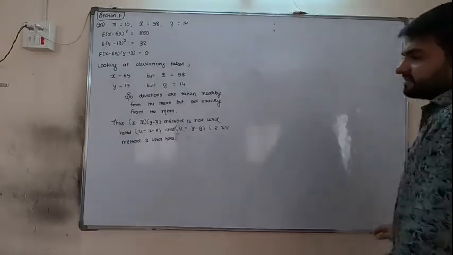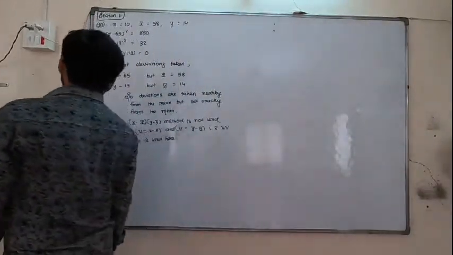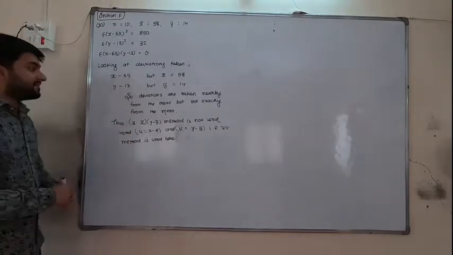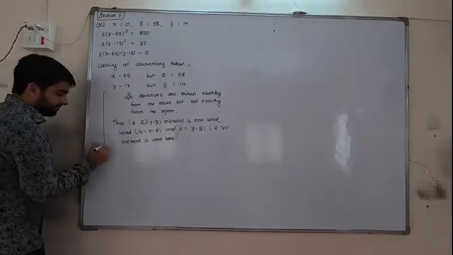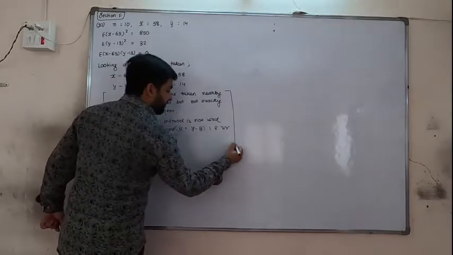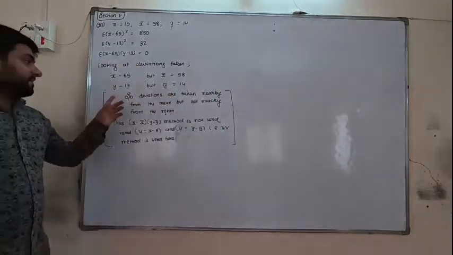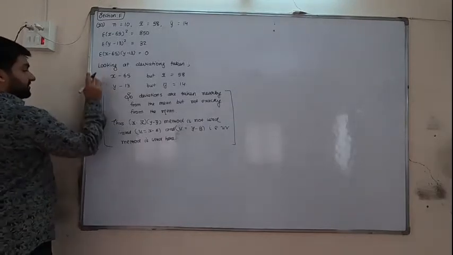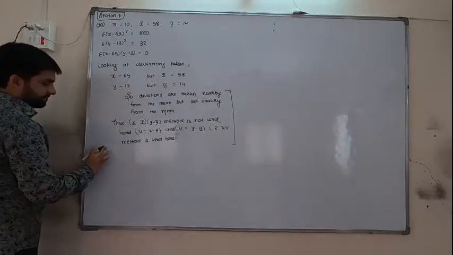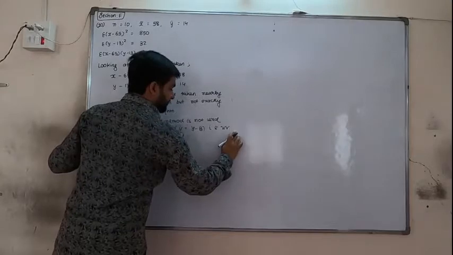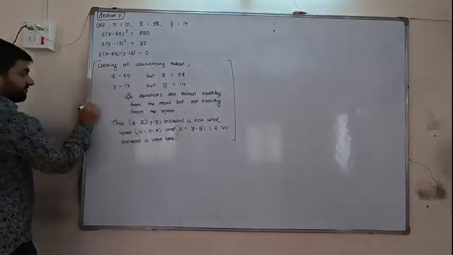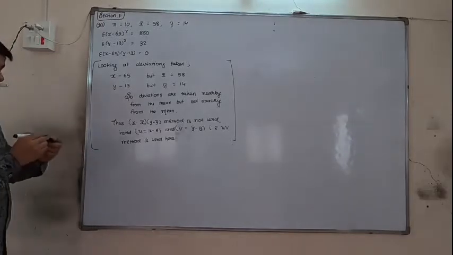If you understand the things, you need not write them in the exam, but you should write them now for your understanding. In the exam, if you are not writing this much, then it is okay. But for our explanation, we are writing.